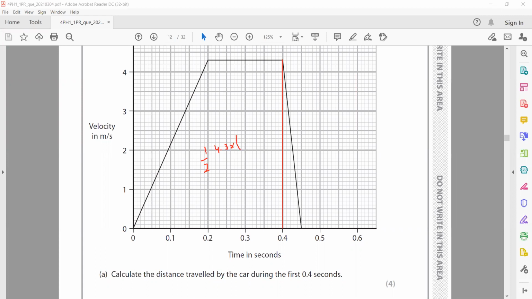Sum of the parallel sides multiplied by the difference, so the parallel sides 0.2 plus 0.4. The total distance traveled will come out as 1.29 meter. As this is 0.2 and this one is 0.4, the difference between the two values, and the velocity is 4.3.